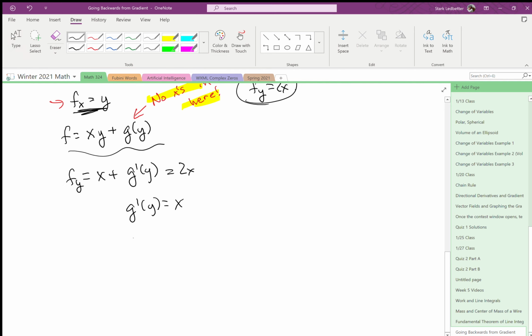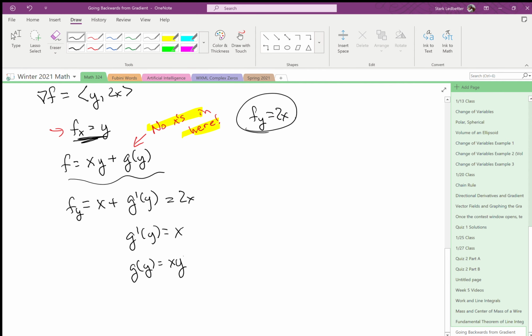And actually, if I went back, then g of y has to look something like xy. Maybe it's plus a constant, but now it's got x's in it. And what happens is my partial derivative with respect to y wants f of x comma y to be 2xy, basically. Because if I took the partial derivative of this with respect to y, I would get my 2x back.